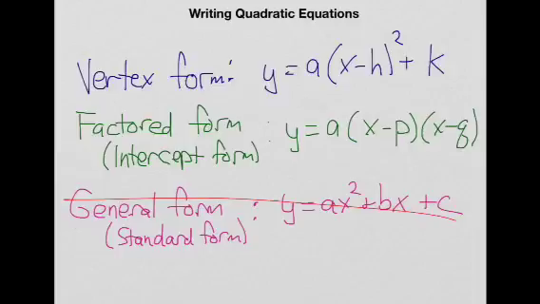From a graph, the vertex form and the factored form are the easier ones to write if you have the right information, if it's easy to come off the graph. So that's what I'm going to focus on. So let's start looking at vertex form.